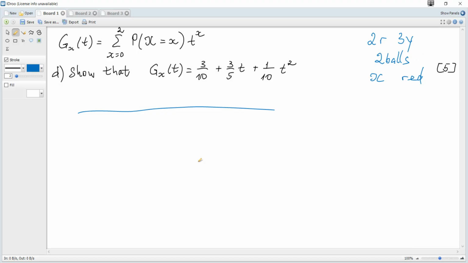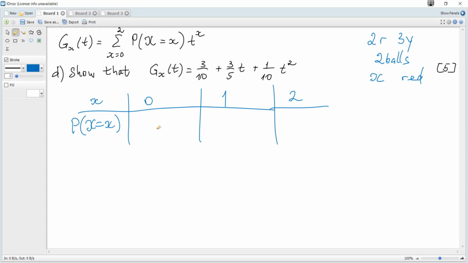table. So x is a random variable, the number of red balls taken, and the possible values of x are 0, 1, or 2, because it's without replacement, and there are 2 red balls, so the maximum possible value of red is 2. And you remember that one probability can be found as the total probability minus the sum of all other probabilities.